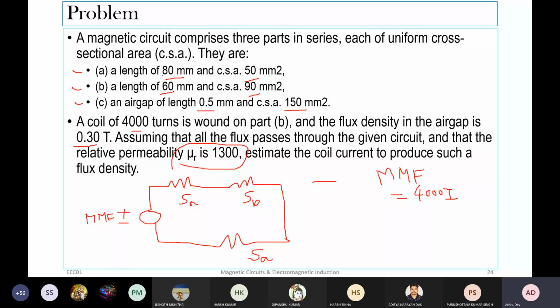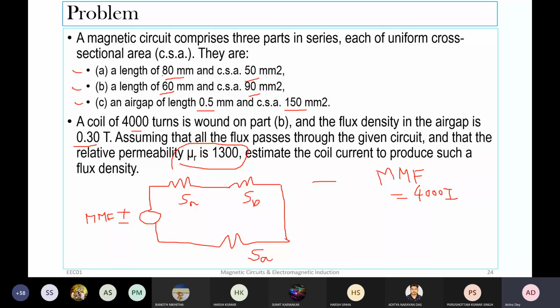So for the B part, it is the same material, so that's why mu r is still written. 4 pi into 10 to the power minus 7 is for mu 0, the absolute permeability. This is the cross section area in meter square, and this is your length. It is 60 mm, so 60 into 10 to the power minus 3, and this is your effective ampere turn for the part B. And part C is the air gap, for which we'll write mu r equal to 1.